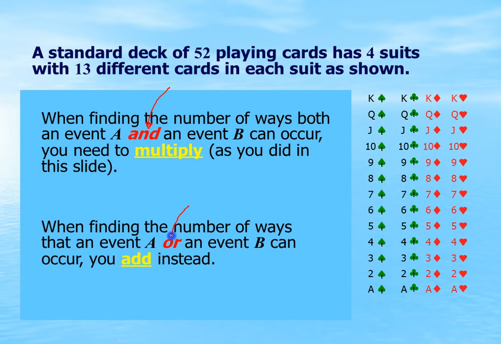If it's an or, so A or B, this one's a lot more likely. If only one of them has to happen, one or the other, you're going to add, not multiply. That's a key you have to make sure and remember. If both of them have to happen, if it's an and, the probability is going down, so you're multiplying. If it's only one of them, A or B, you're adding.